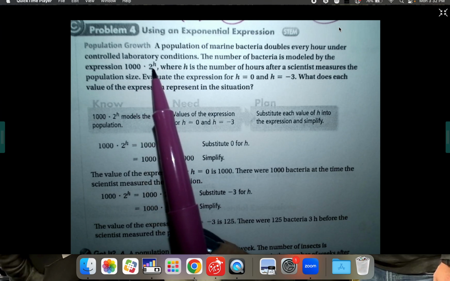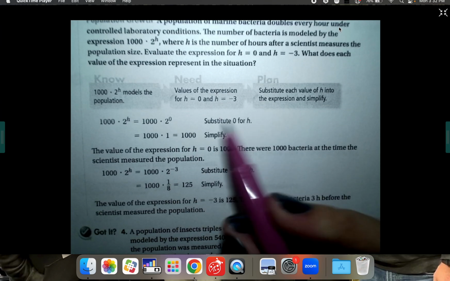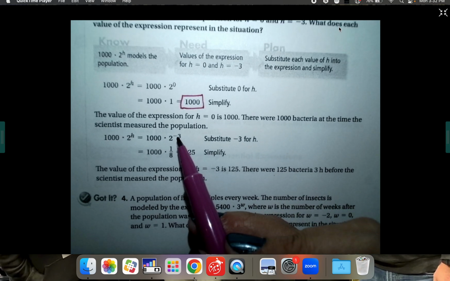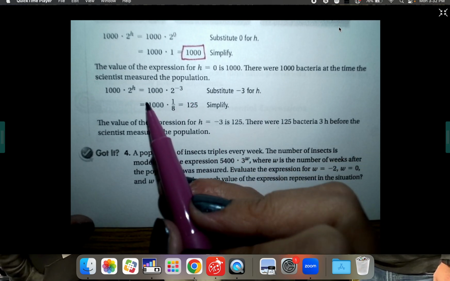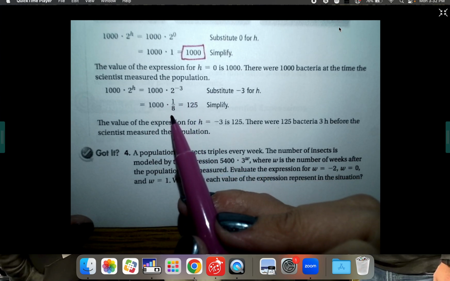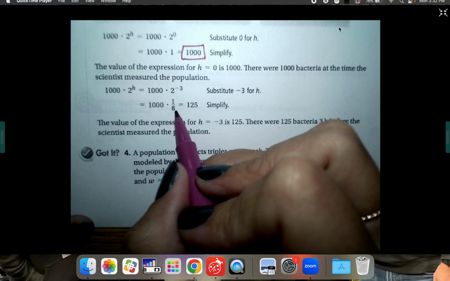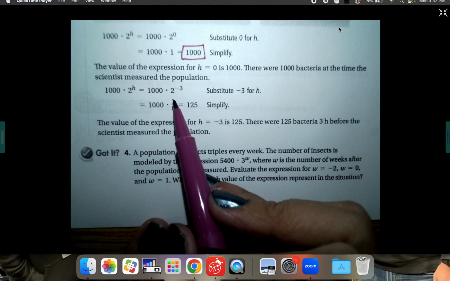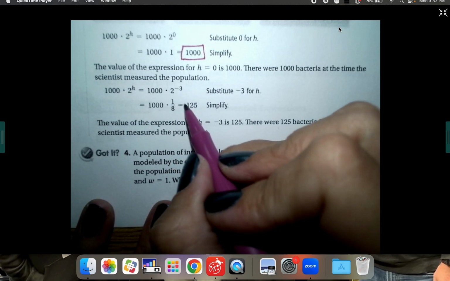So 1,000 times 1 would have just been 1,000. And then if you plugged in -3, they worked it out for you right here. They had 1,000 times, they flipped this under a 1 and made it 2 to the +3, which is 8. And then in their calculator, probably they did 1,000 times 1/8, which is 125.